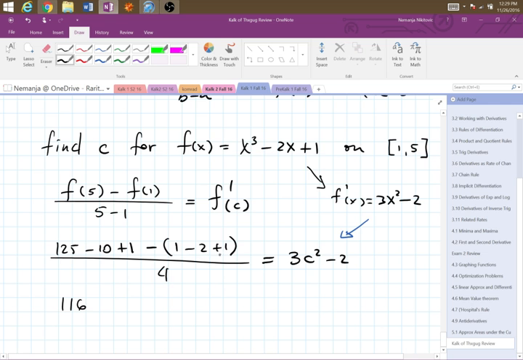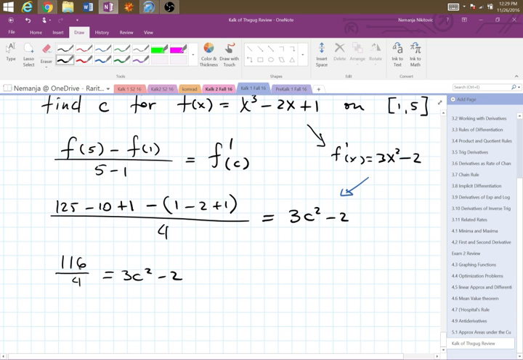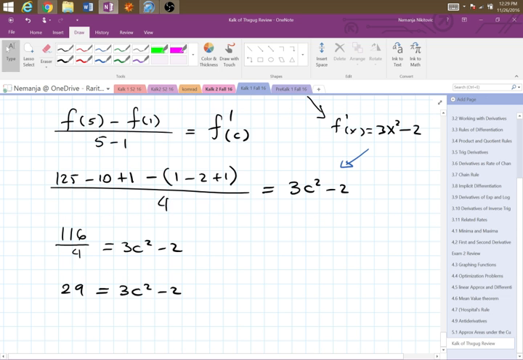These all cancel. Yeah. 116 over 4 is equal to 3c squared minus 2. Oh, 116 is divisible. That's 29. So 31. C squared is equal to 31 over 3, so c is the square root of that. And we should put plus and minus.